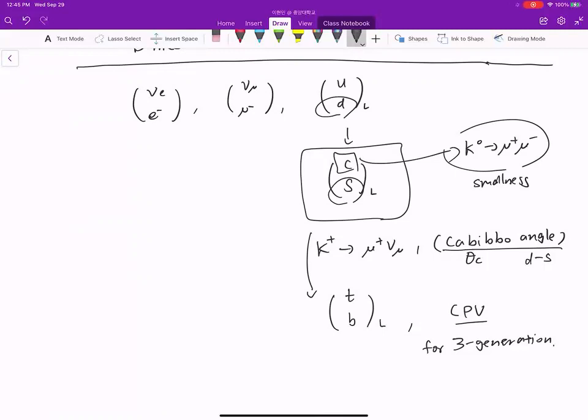At the time, people thought that it's unnatural, and that has to do with the existence of the charm quark, which was predicted. It is called the GIM mechanism, canceling the leading contribution by introducing an additional particle, the charm quark.